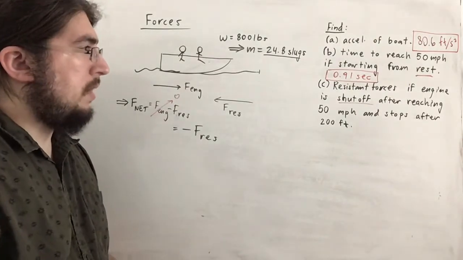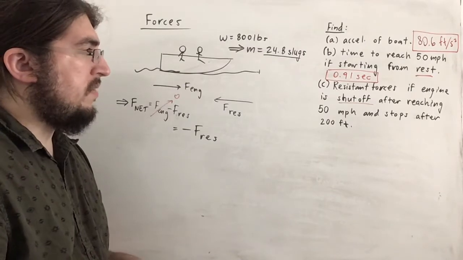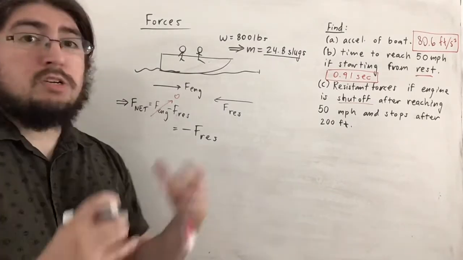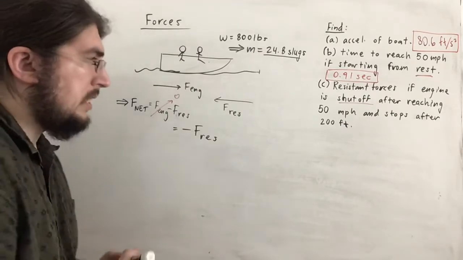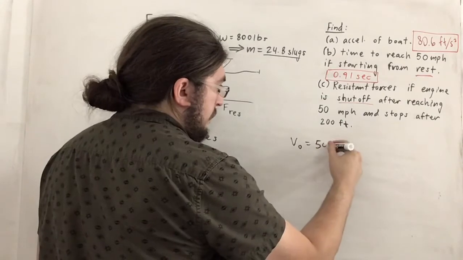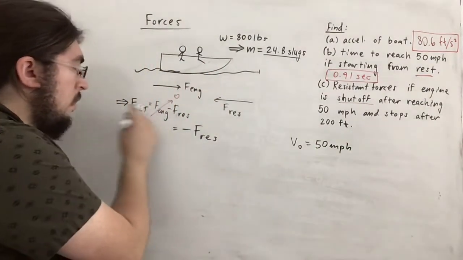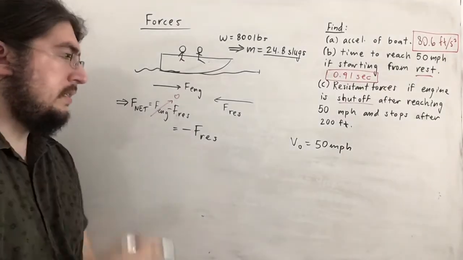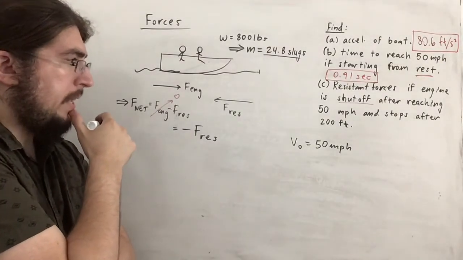Let's see how we're going to apply this. After reaching 50 miles per hour, as soon as we enter problem C, our starting velocity is 50 miles per hour. So let's keep that in mind. Our initial velocity now is 50 miles per hour. We know F net is negative resistance force, so let's see how that will come into play.